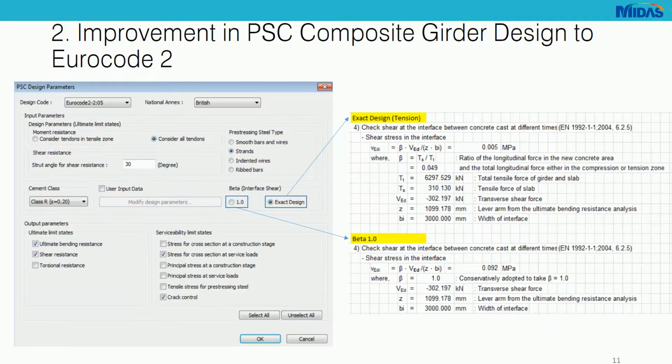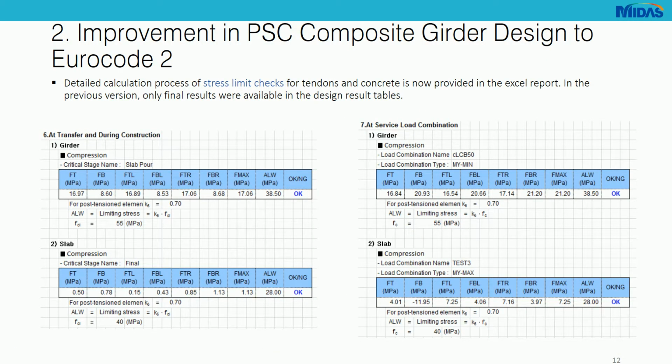Other improvements to the PSC design are the fact that now we have a detailed calculation for the stress limit checks. So now at the end of the report, we can check the stress limits for the tendons and the concrete. I mean, these were done before as well, but now we can see the actual calculation.